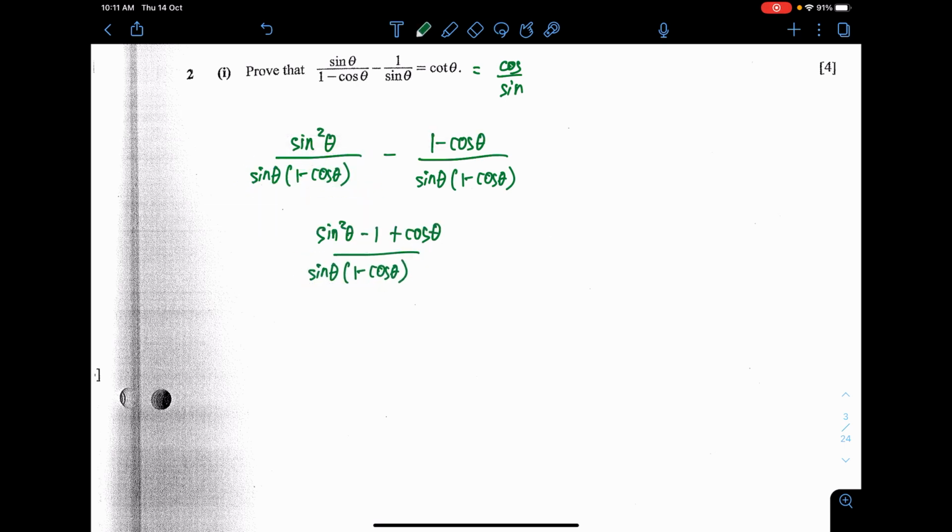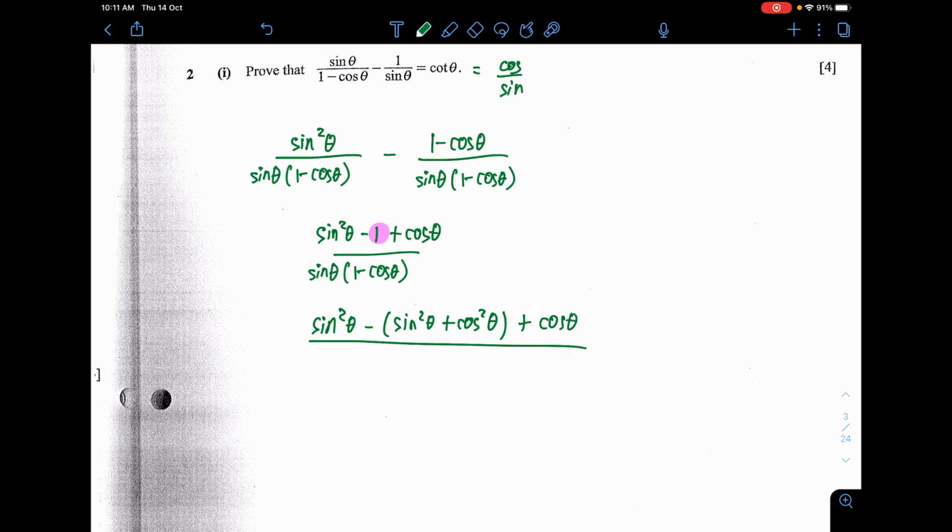Now I need to get something done here, so maybe we can utilize the fact that there is a 1 here. 1 itself is sine square plus cosine square, so then I'll just put it down like this. Which will automatically cancel off the sine square theta on the denominator.